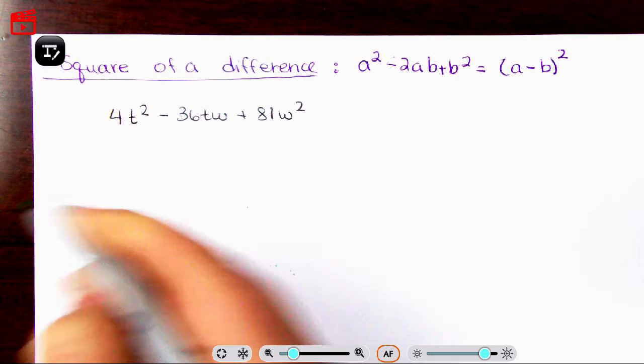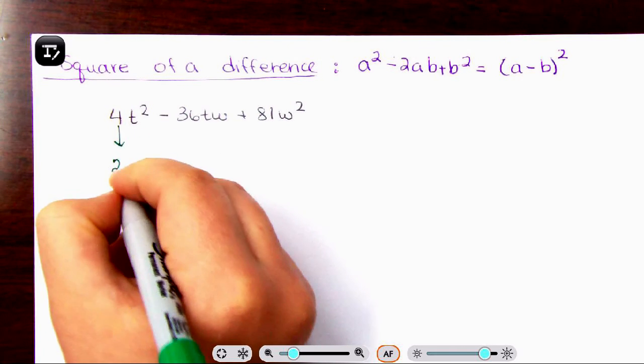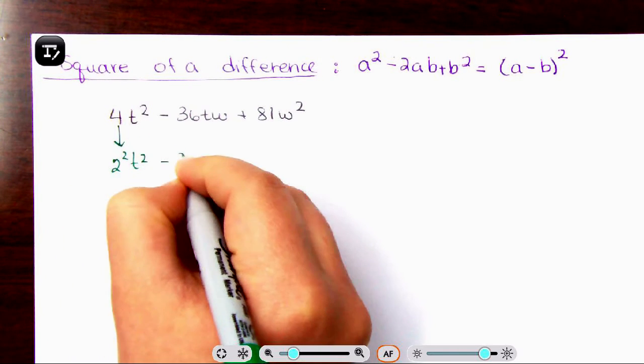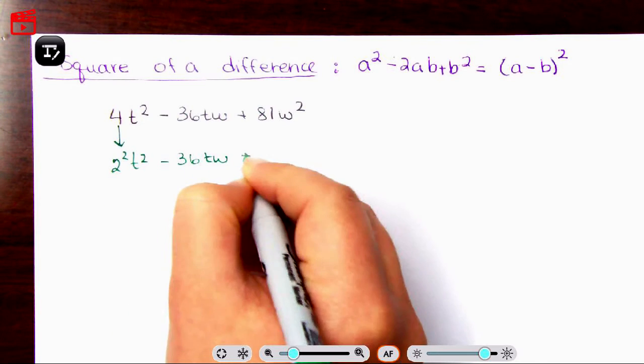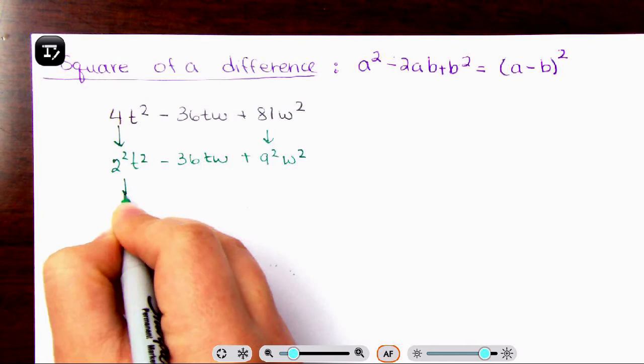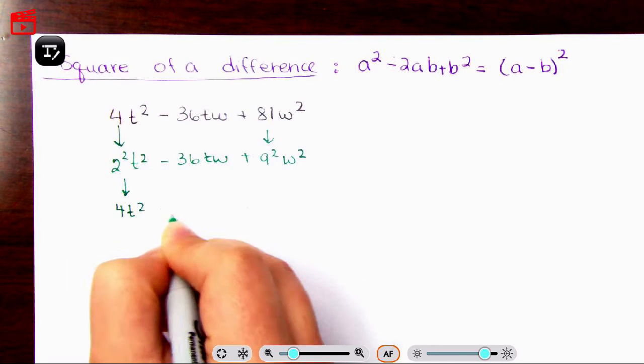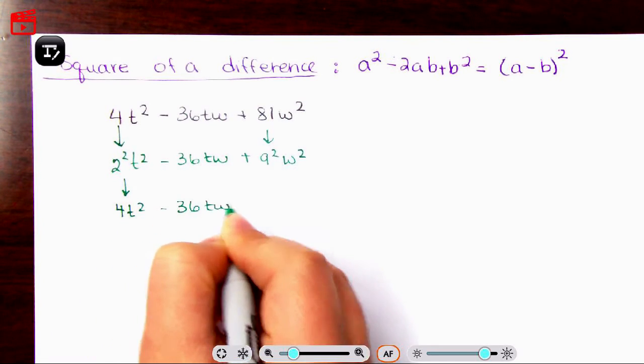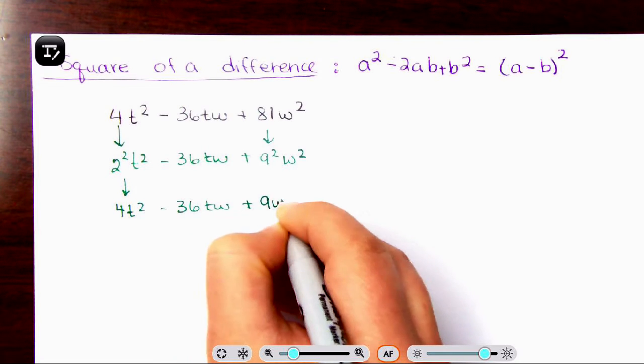Doing exactly the same thing we did before. 4 is 2 squared. We have t squared, minus 36tw, plus 9 squared w squared. That means I have (4t) squared minus 36tw plus (9w) squared.